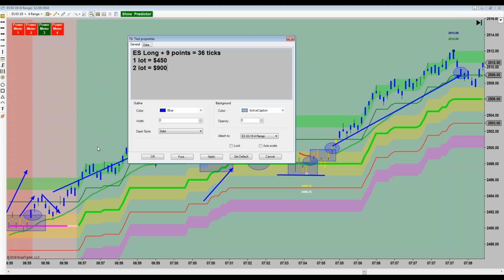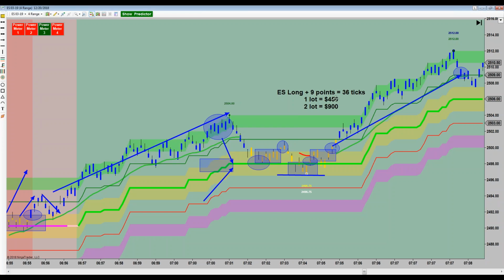Now, there's other ways to manage this. You trail it up with stealth in line 6. You don't have to ride all 2 or 3 or 4 lot or more, whatever, the whole way. There's strategies that I'm not going to get into in all detail. It's not the purpose of this webinar, but there's a teaching that we do where you take a scalp.